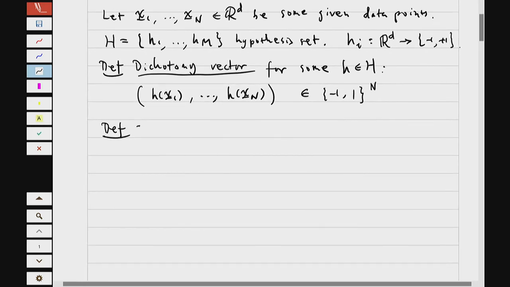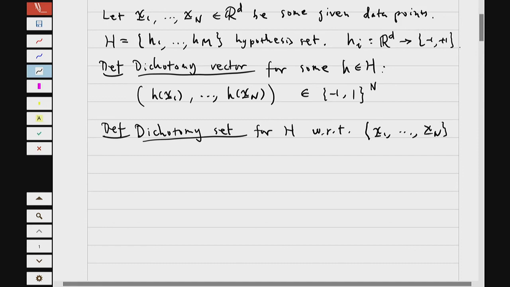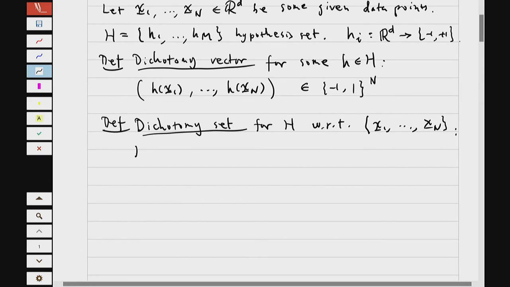The dichotomy set for H, with respect to the data points x1 to xn, we use the notation H with a bracket, x1 to xn, like this. That's the notation for this set.